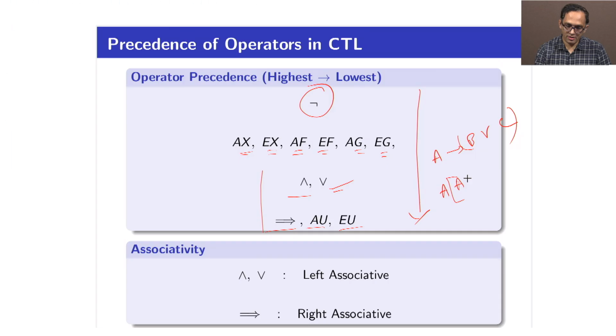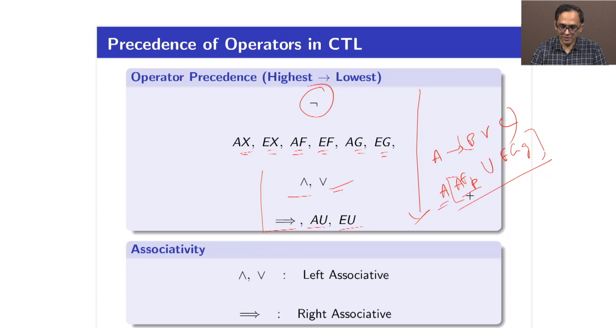Similarly, if you write A F p until E G q, this is a valid property, because each is a property and then I am applying the path quantifier.